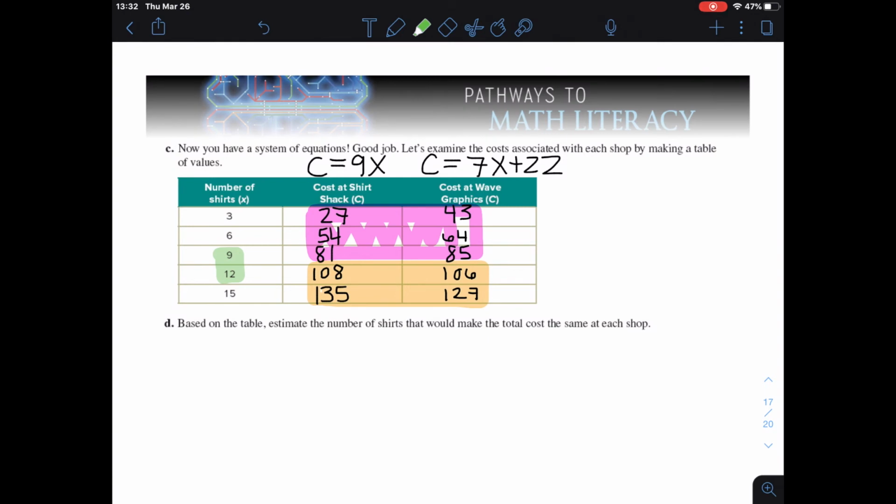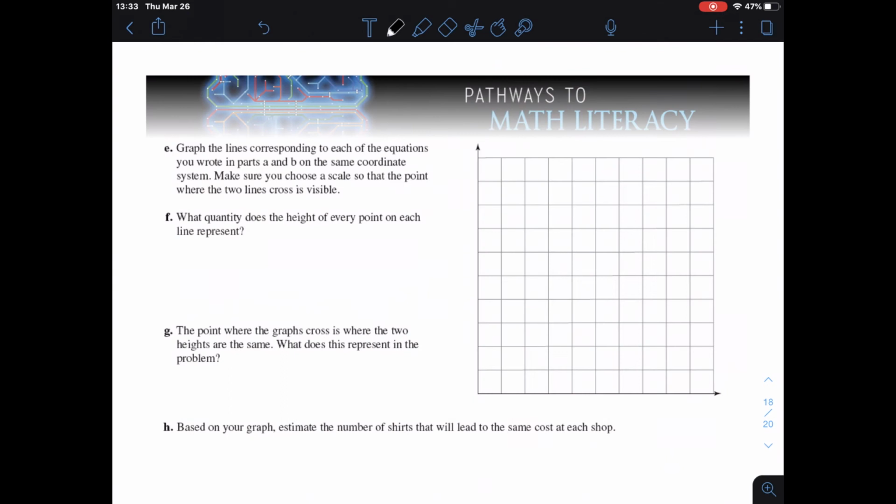We don't know exactly when it is, but it's probably going to be closer to 12, because that's when those numbers are even together. So maybe we would think 11 shirts would be a good estimate of when they would cost exactly the same. Right?